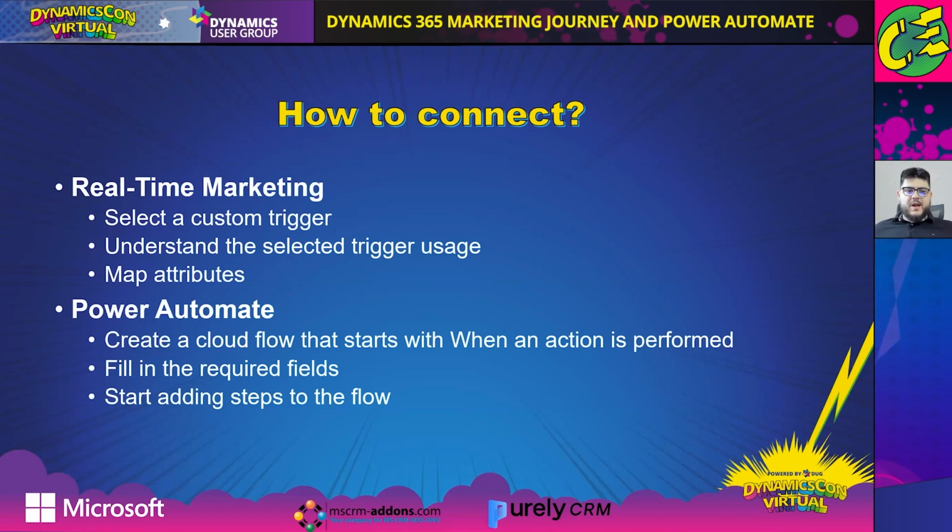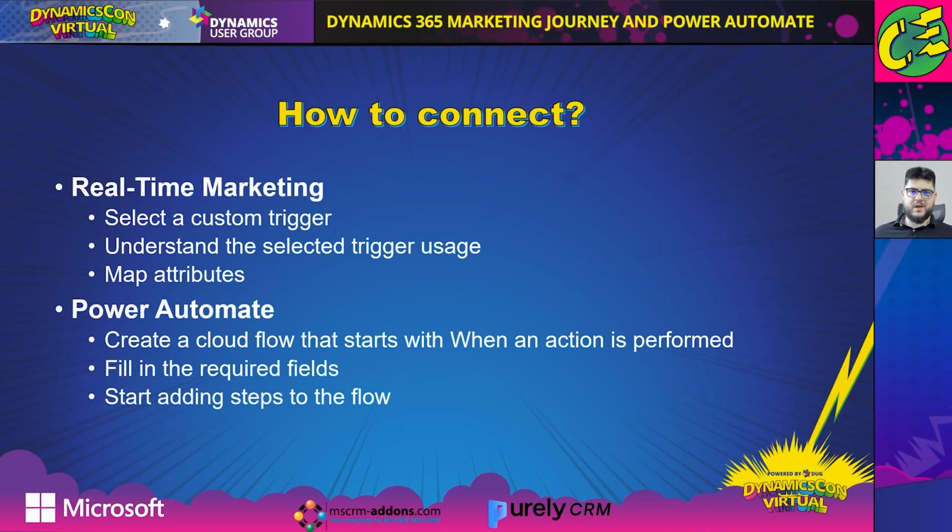So inside of marketing, we have to select a trigger. We have to understand this trigger which we are using, and we have to create attributes and map them. On the other side, with Power Automate, we have to create a cloud flow, which will be started when an action is performed. So I wrote this on purpose.